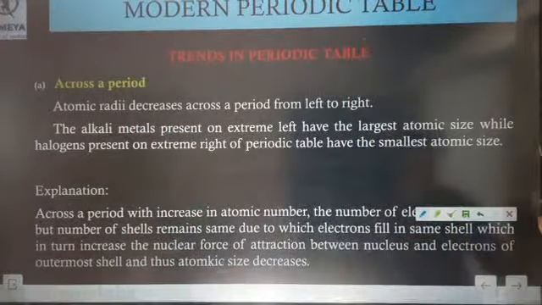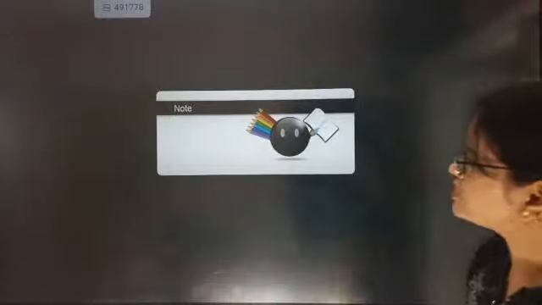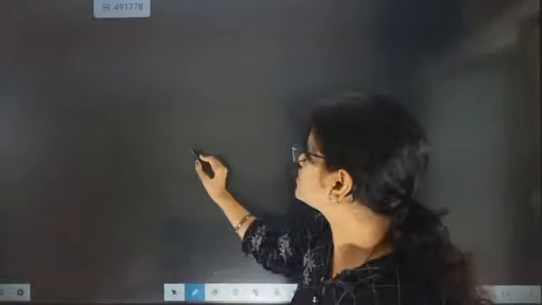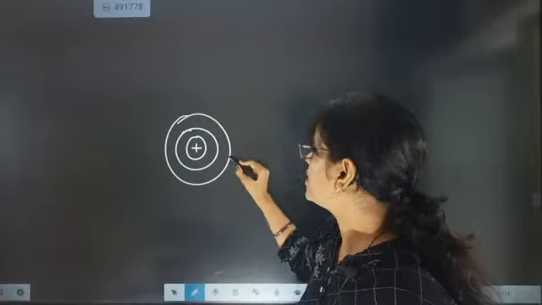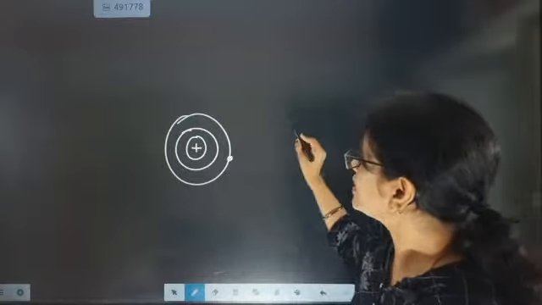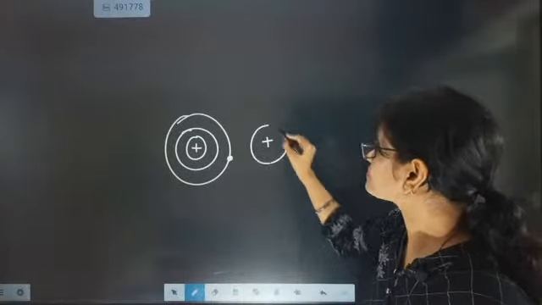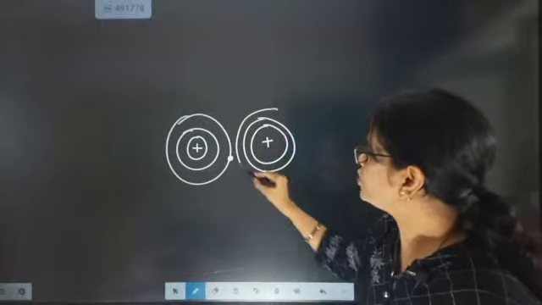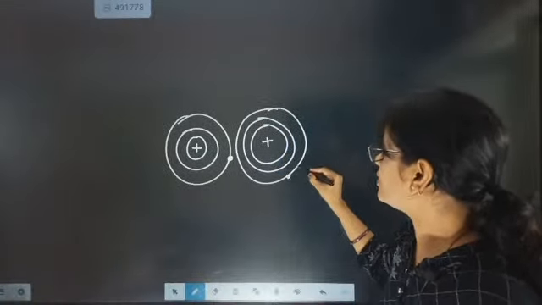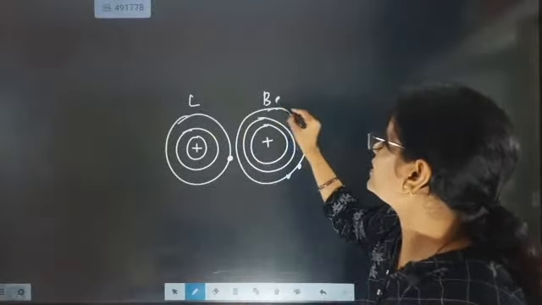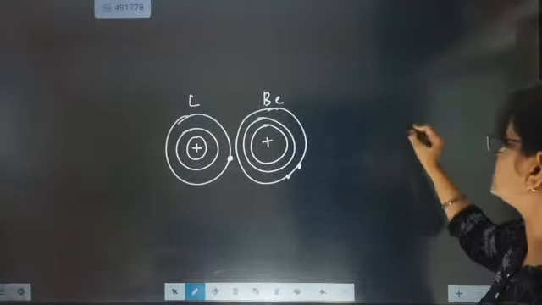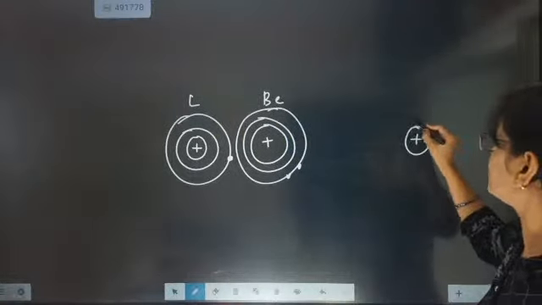Okay Kamya, absolutely correct. Yesterday we saw this point, that lithium is there, and in the outermost orbit 1 electron will be there. Then after lithium, beryllium, outermost orbit 2 electrons. Same orbit, 2 electrons. In the same way, lithium, beryllium, boron, carbon, nitrogen, oxygen, till it went towards fluorine.